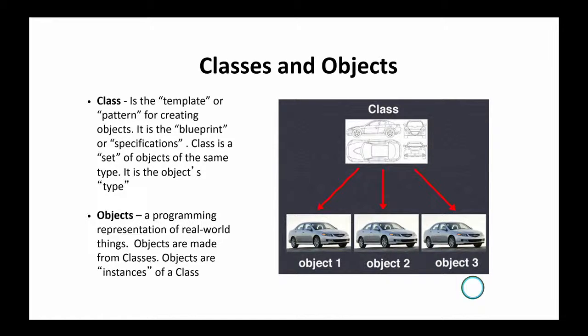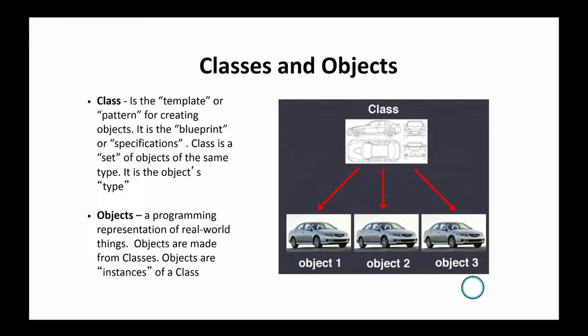Now once you've got the class, you then create the objects. The formal definition of an object is a programming representation of real world things. Whenever we program or make software code, we always look at what real world objects we are trying to represent in a binary or encoded form in our program.